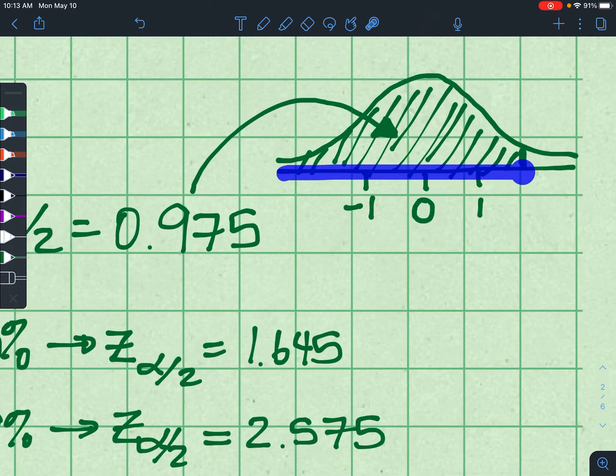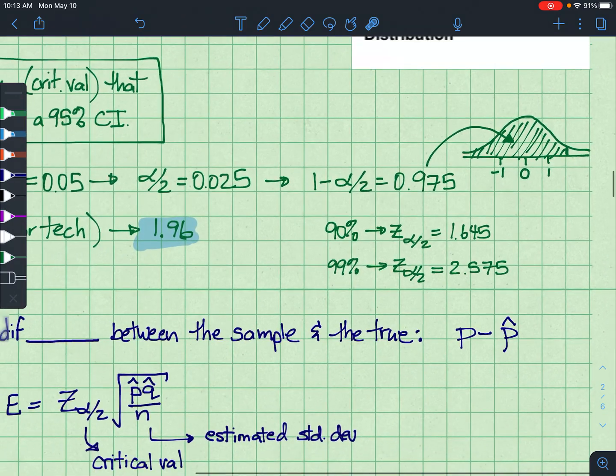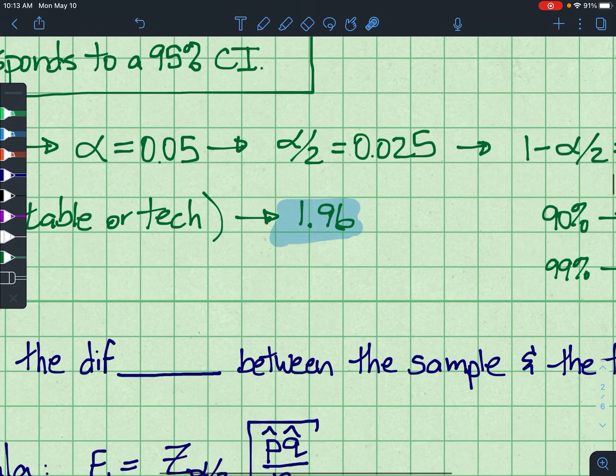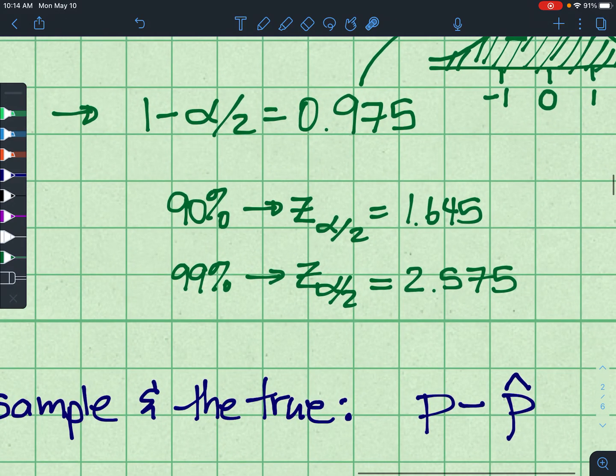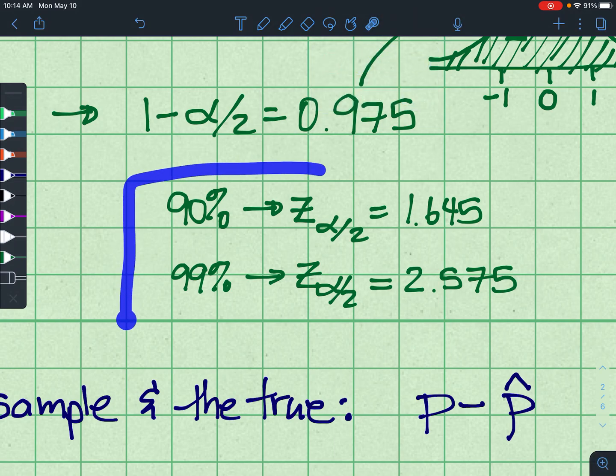Now this tells me that the area under the curve on this side has to be 97.5% of the total area. So I go to my technology or my table, and I find a corresponding Z-value of 1.96. And that would mean that the negative side would be negative 1.96. There are the corresponding Z-values. You may want to jot those down for 90% and 99%. So you can see this one is looser. This one is tighter, further out.